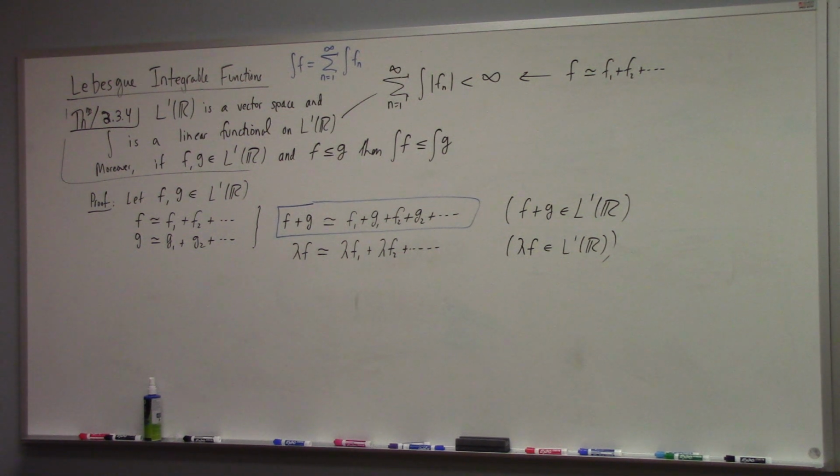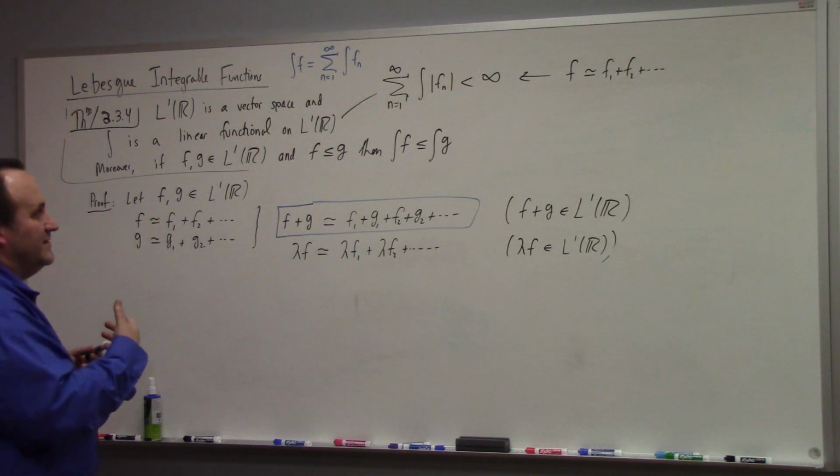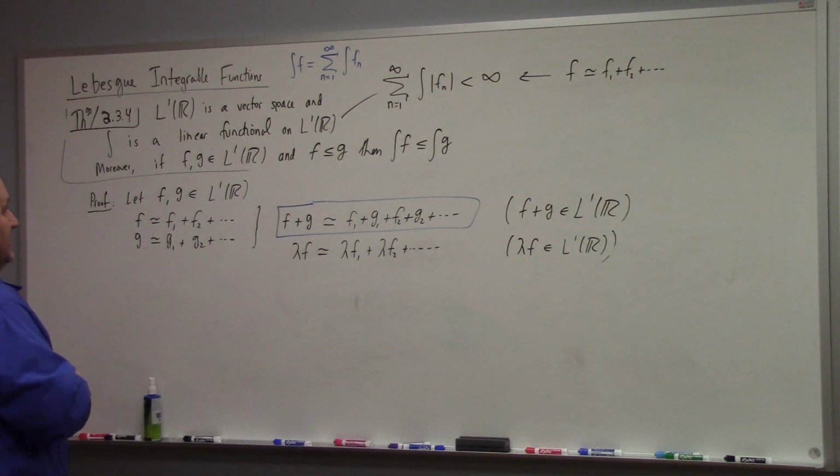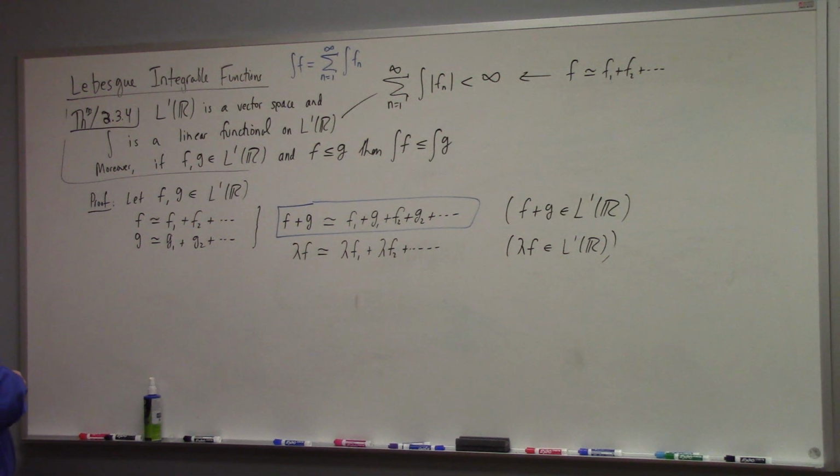The zero function is agreed upon to be a step function, and the zero function satisfies the criteria of Lebesgue integrable, so it's in there. And of course, if a function is Lebesgue integrable, the negative of the function is also Lebesgue integrable. So you have that.